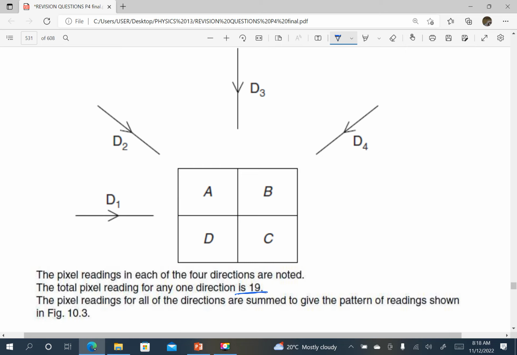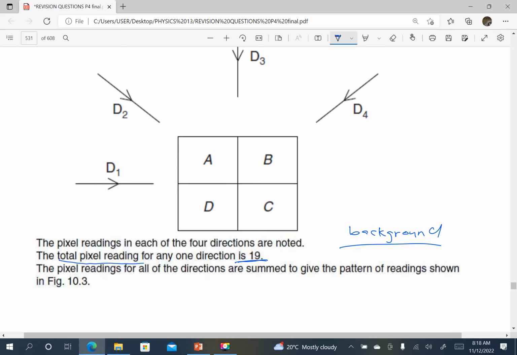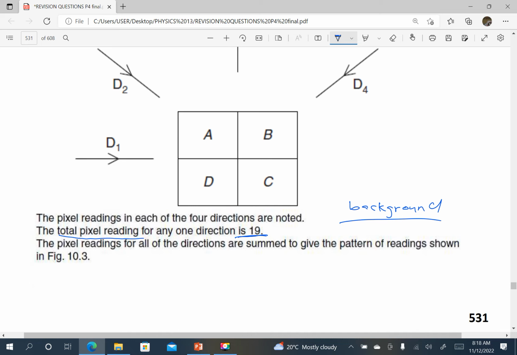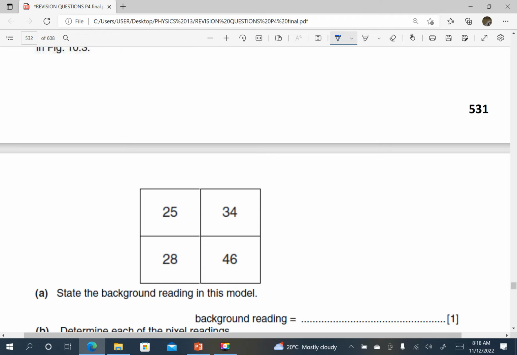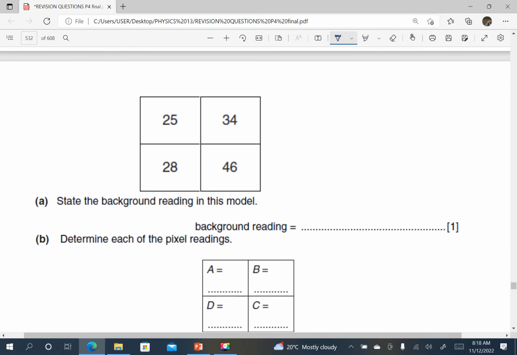If you remember from your study of CT scan, the total pixel readings is what we call the background intensity or the background radiation, which must always be removed from the total readings in the process of reproducing the pixels. The pixel readings for all the directions are summed to give the pattern of the readings shown here. So these are the pixel readings of all the 4 directions. This is the pixel total.